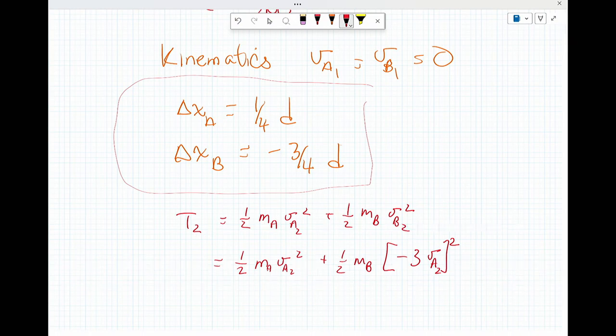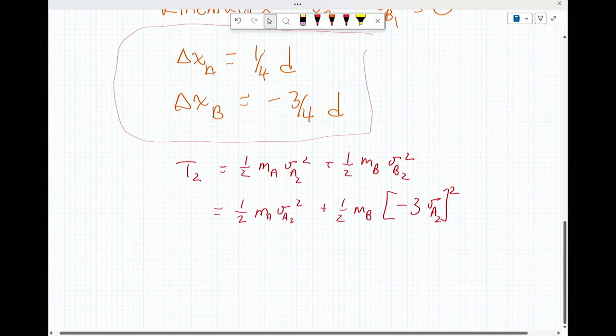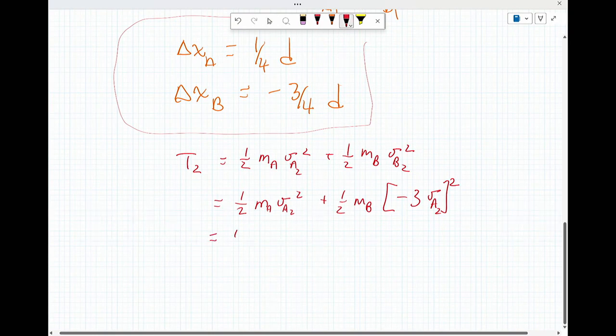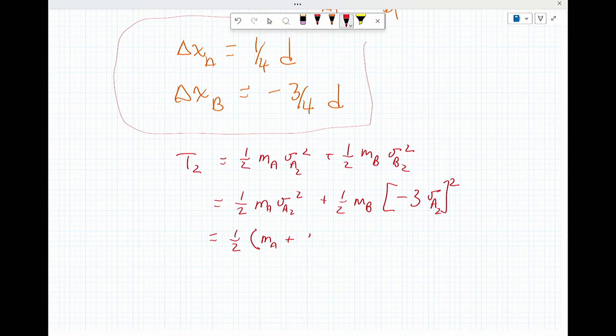Here what I'm doing is taking the fact that I did already the kinematics for absolute dependent motion, and the relationship between B and A is 3:1. Having all that and getting a nice positive number, I can say that this is equal to 1/2 MA plus 9 MB VA2 squared.